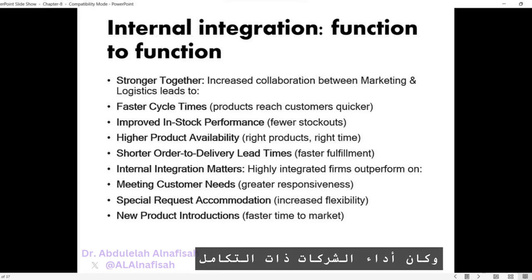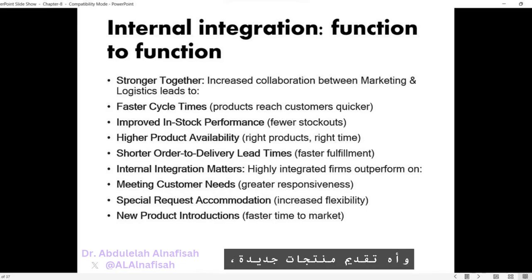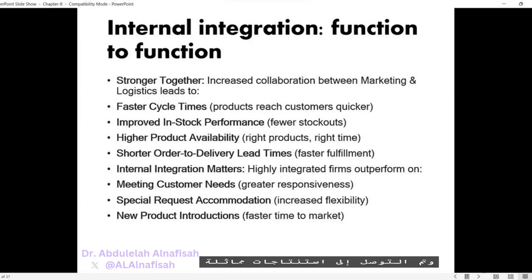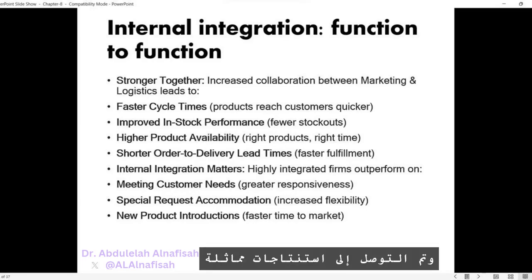High integration firms performed better in terms of meeting customer needs, accommodating special requests, and introducing new products, resulting in an enhanced customer perception of the organizations. Similar conclusions were reached by other studies, indicating that firms developing integrated products and services achieve similar benefits.